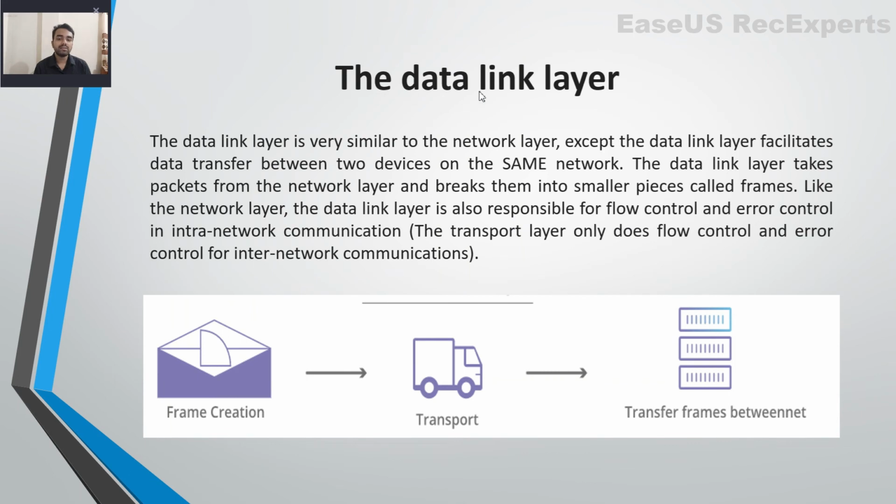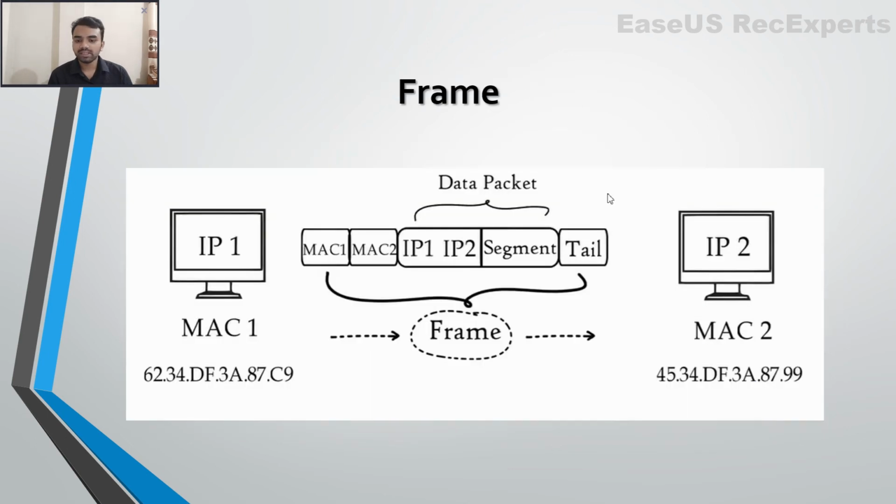Let's look at the data link layer. The data link layer is very similar to the network layer, except the data link layer facilitates the data transfer between two devices on the same network. The data link layer takes packets from the network layer and breaks them into smaller pieces called frames. Let's look at that.